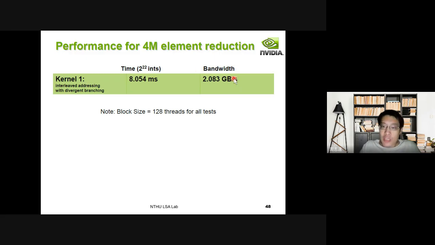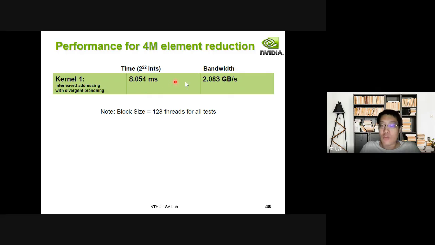You can compute the memory bandwidth consumption from your program. For example, here, let's say the problem size is 2 to the 22 integers. You multiply this by 4 to get how much data you have to process, and divide that by 8 milliseconds.